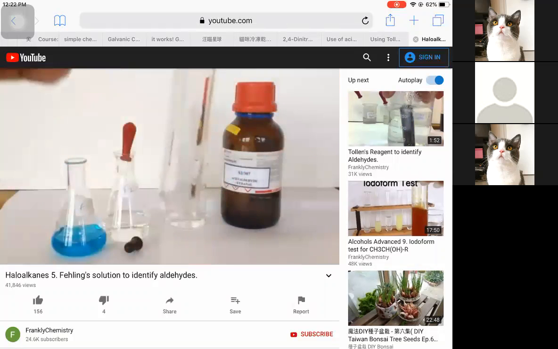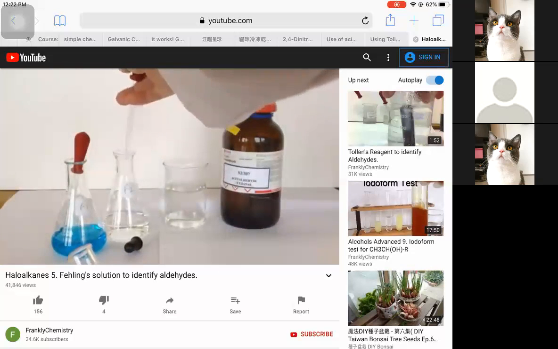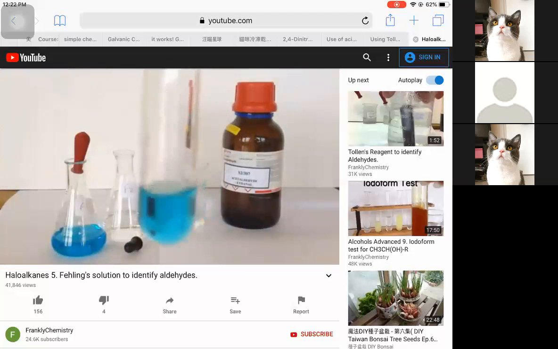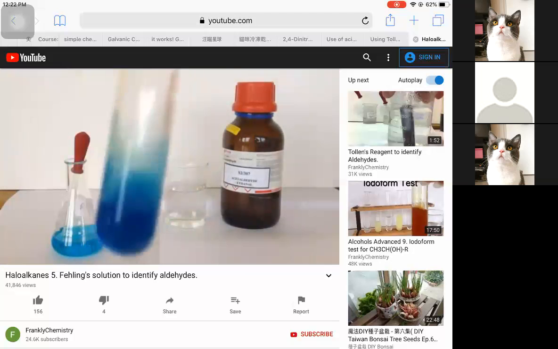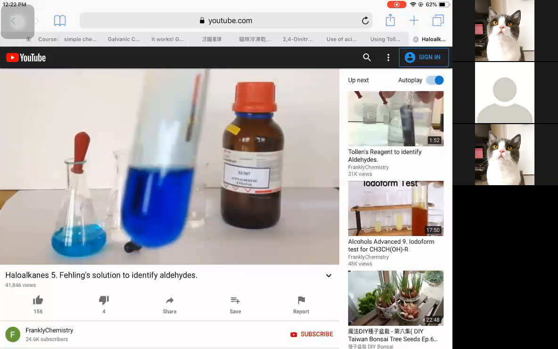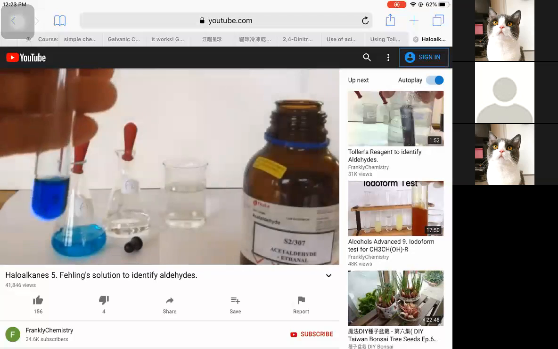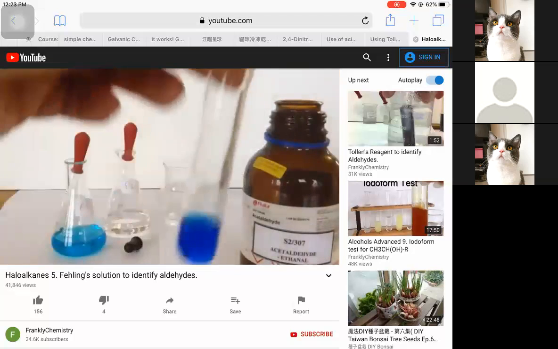All right, and make sure for Fehling's A and Fehling's B, you use equal amounts. And then after that, keep putting in the aldehyde sample.